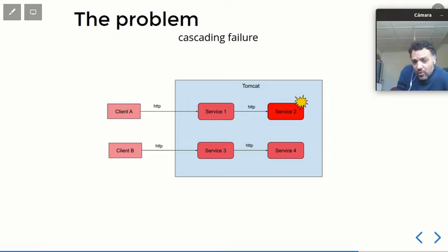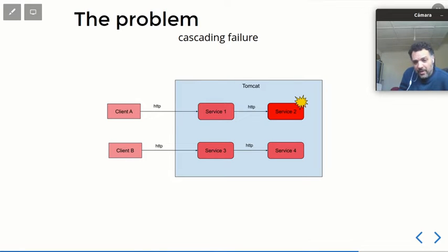So service 2 will start to fail, and obviously client A will be affected. However, after a while, client B will also be affected, and we don't want that because client B has no dependency on service 2.